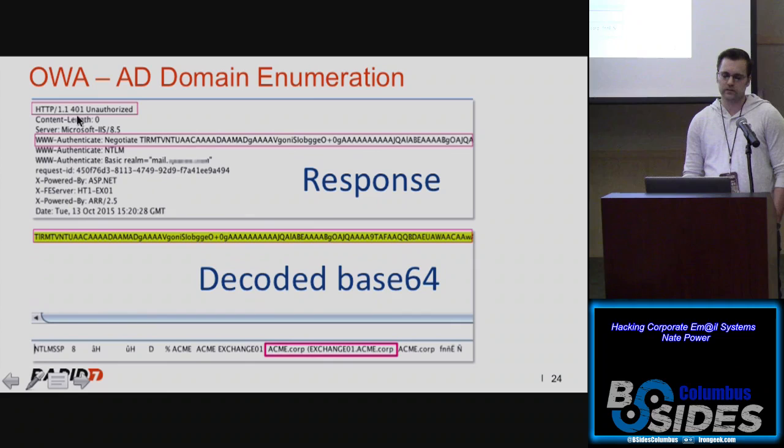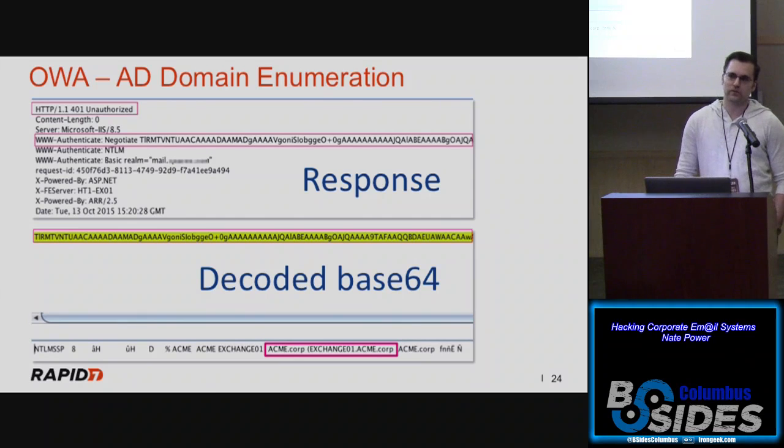It basically says 401 unauthorized, and the WWW-Authenticate Negotiate header gives me a big long string of base64 back. When we decode that, it actually has the Active Directory domain and the Exchange system within that data. This is just because of how NTLM works.